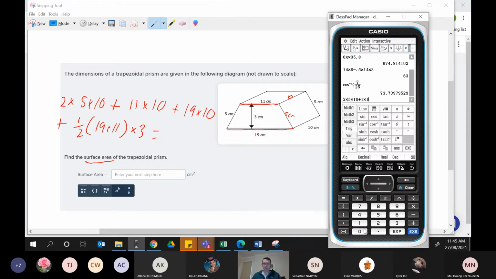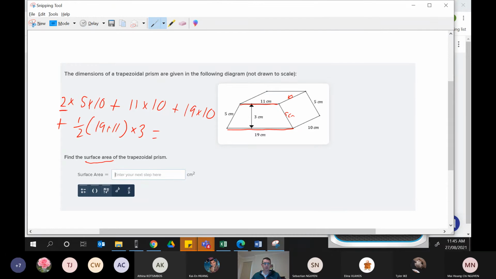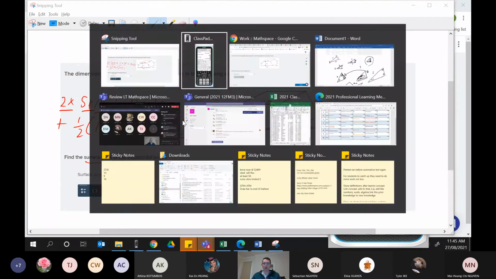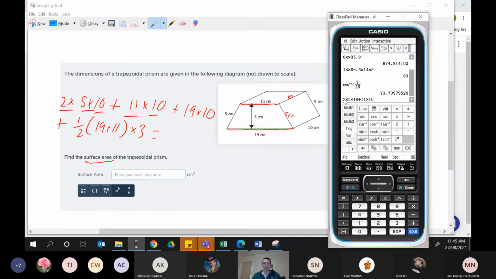And what I'm doing here is looking at my input and looking at this, correlating with the screen. 2 by 5 by 10 plus 11 by 10, because this is quite a long one, plus 19 by 10. So I've just checked that that is correct, and I've checked up here.